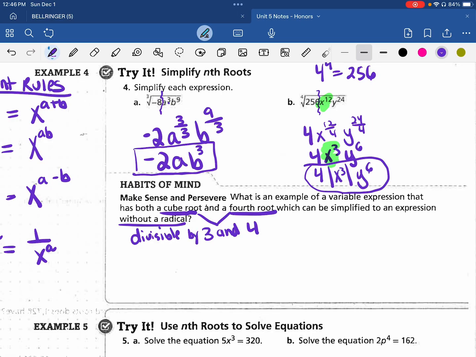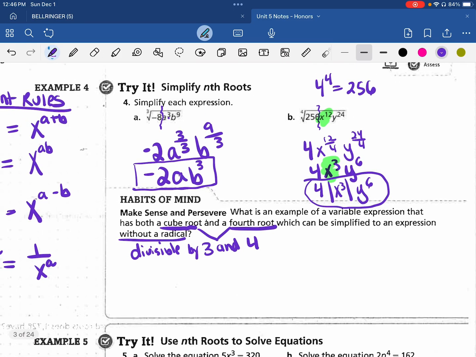Okay, so like the number 12. If I took x to the 12th, I could take the cube root of x to the 12th and get x to the 4th. And I could also take the 4th root of x to the 12th and get x to the 3rd.